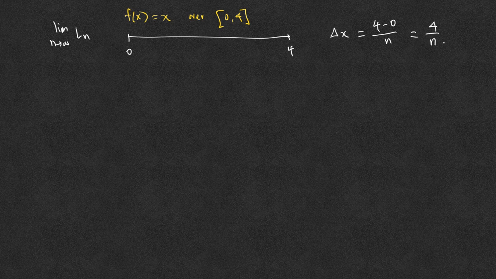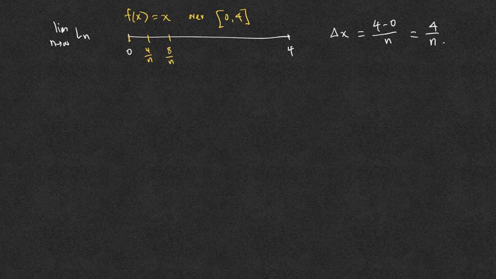The endpoints, using the left endpoints, are 0, and then we add delta x to this, but delta x is 4 over n, so 0 plus 4 over n is 4 over n. And then the next endpoint is 2 times 4 over n, which is 8 over n.